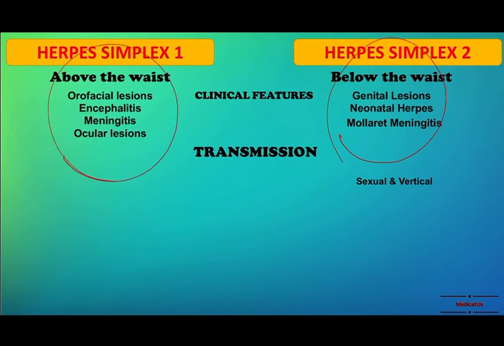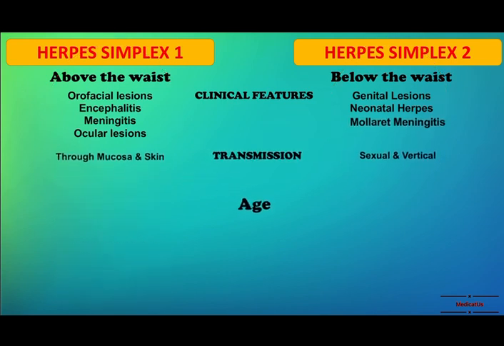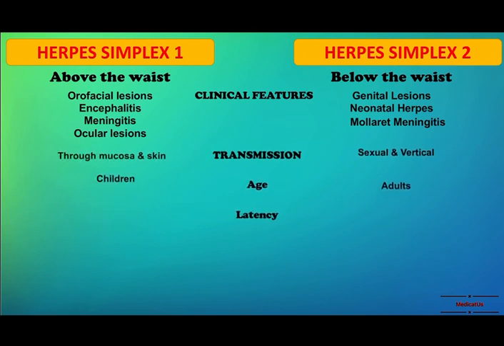And anything above the waist is transmitted through mucosa and skin. About the age, children will be affected by herpes simplex 1 and adults will be affected by herpes simplex 2, except the neonates. Now about the latency, anything above the waist, so trigeminal ganglia will be under herpes simplex 1, and anything below the waist, so sacral ganglia is the latency site for herpes simplex 2.